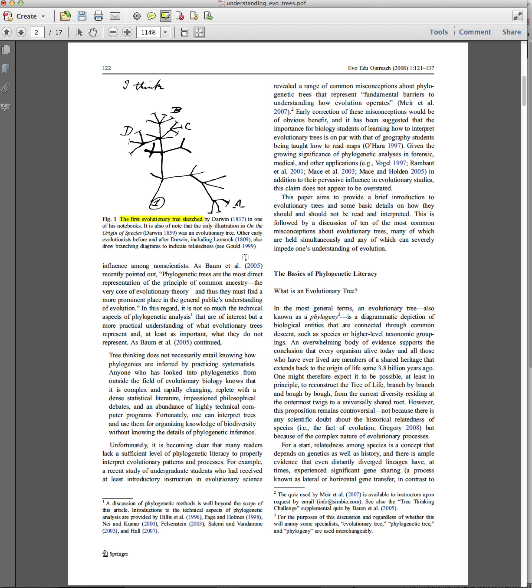You don't need to know exactly how phylogenies are made per se, and that's actually what this says too. You just need to be able to interpret the diagrams to be able to get through this unit. So that's what this is going to do, and I want you to know what a phylogeny is.